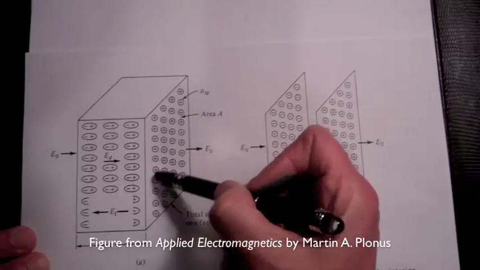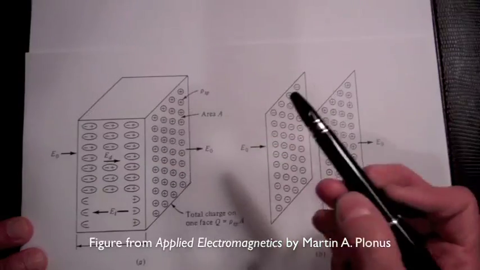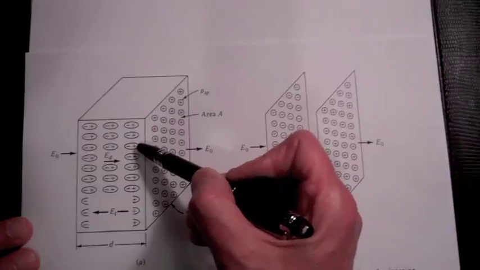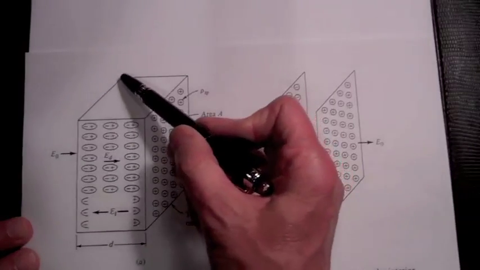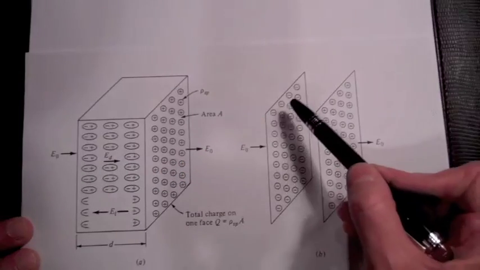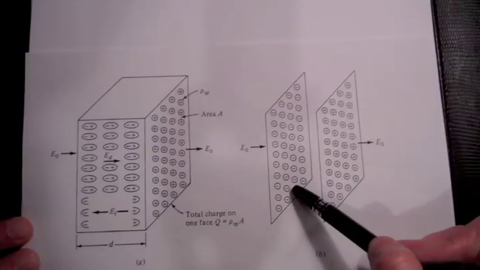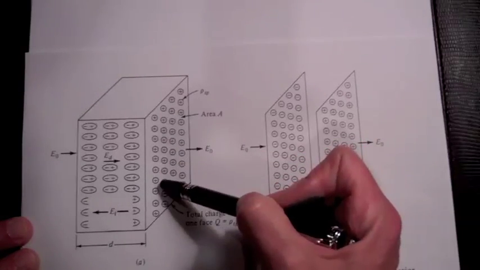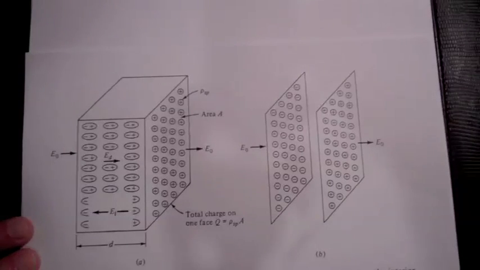When we introduce the dielectric into the electric field between the plates of our capacitor, the atoms will form dipoles and we'll get our polarization field. The left-hand side of the dielectric will accumulate some negative bound charge on its surface, and the right-hand side here will accumulate some positive bound charge on its surface.